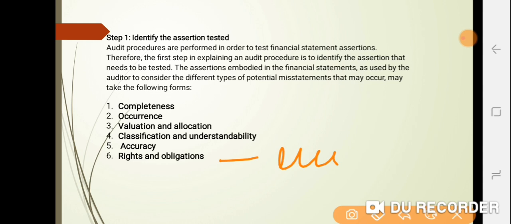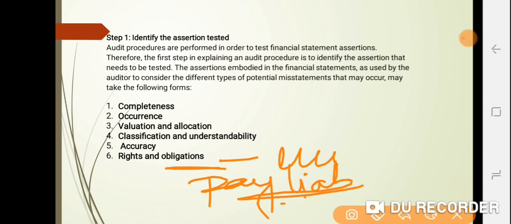At the same time, they have an obligation to pay off the liabilities of the company. Okay, that is the rights and obligations of the company. So the first assertion step should include all these things, and if there is any potential misstatement with respect to these things, it has to be identified, or that has to be tested.